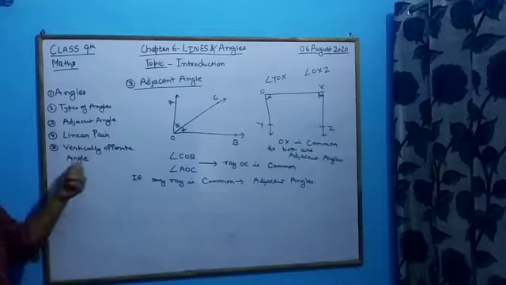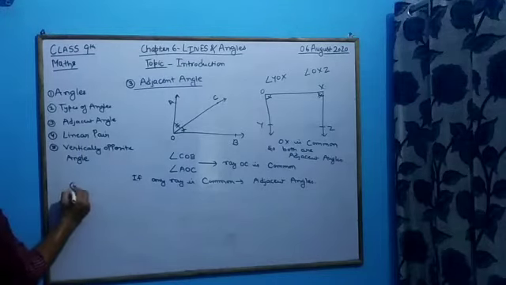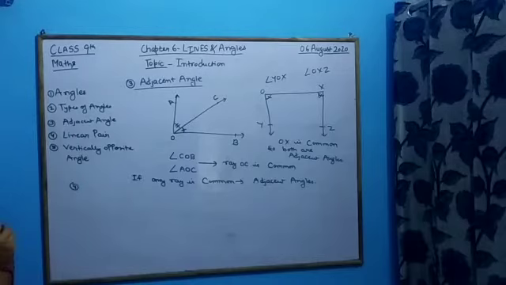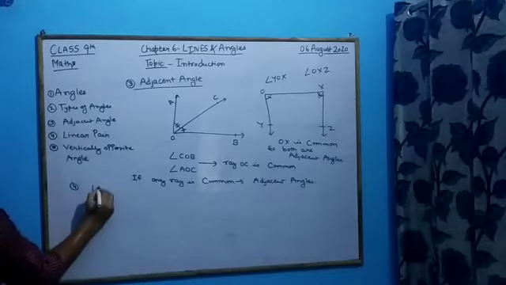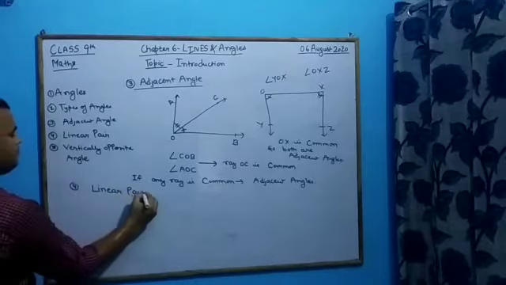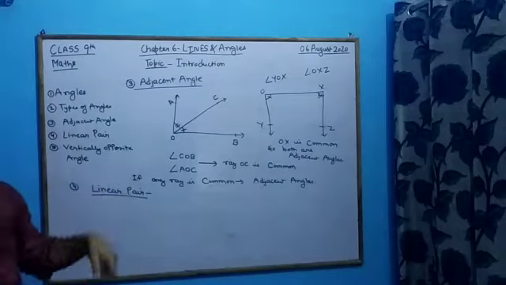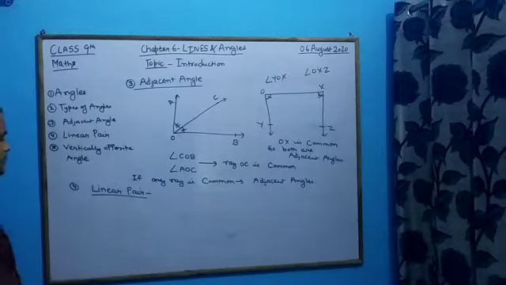Let us move to our fourth point, that is linear pair. Now we have understood adjacent angles.